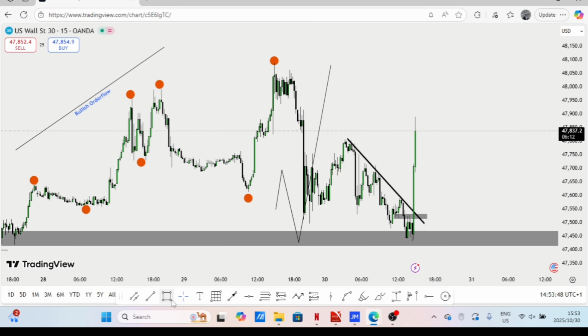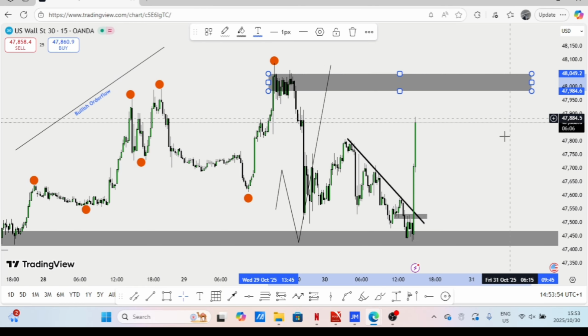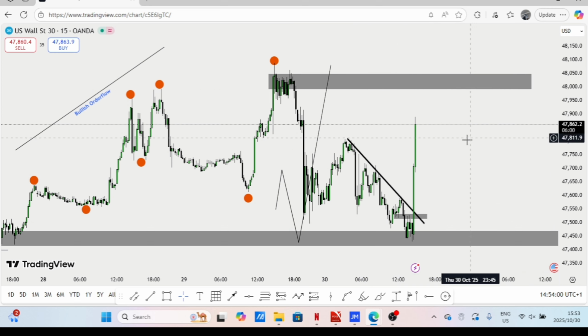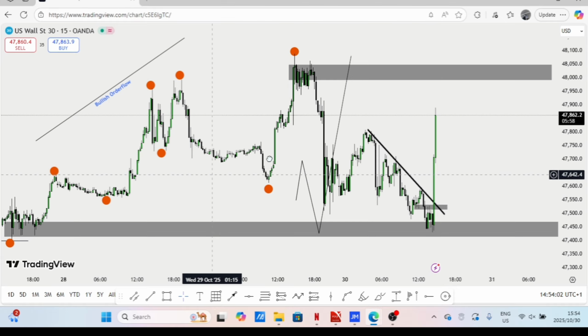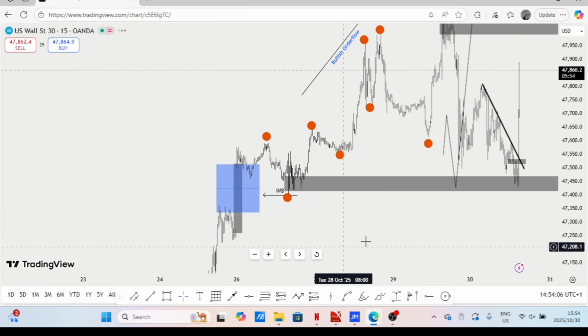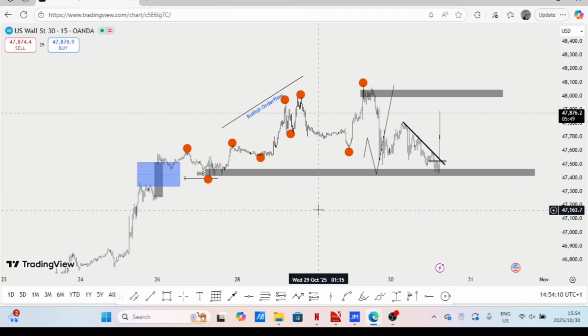And then I would also like to label this my resistance right over here, like this, maybe. Yeah, this is how my analysis is looking this week.